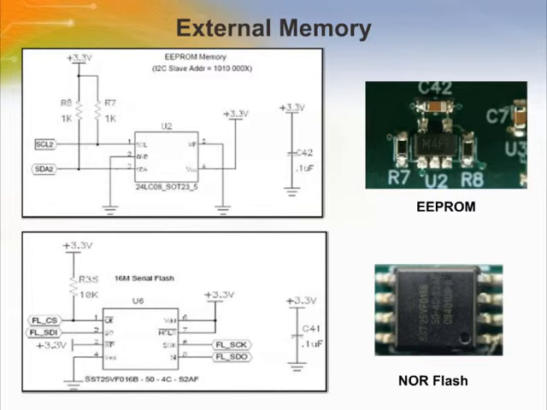The SST25VF016 is a 2 megabyte NOR flash. The PIC32 microcontroller uses an SPI bus interface to communicate to the SST25VF016. The CPLD needs to be properly configured for the PIC32 microcontroller to be able to access the SST25VF016.